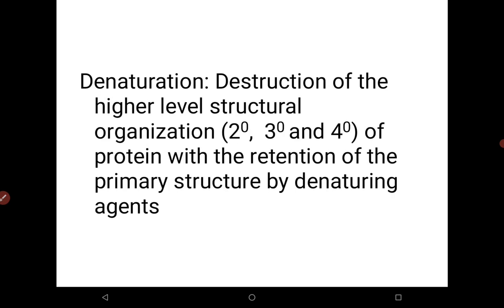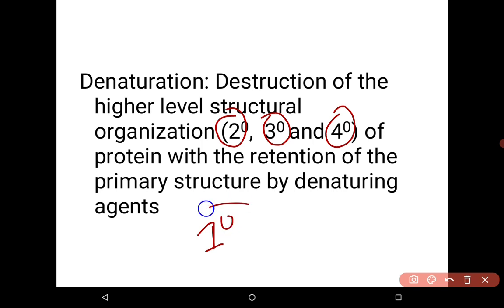So with denaturation, the protein loses its structure and it won't perform its function. The shape of anything determines its function. Denaturation is the destruction of the higher-level structure: secondary, tertiary, and quaternary.